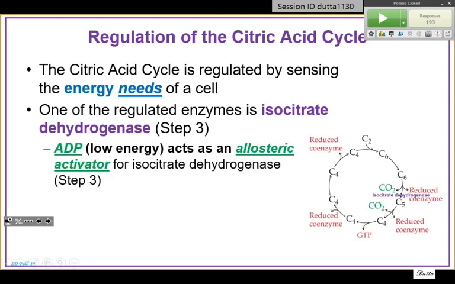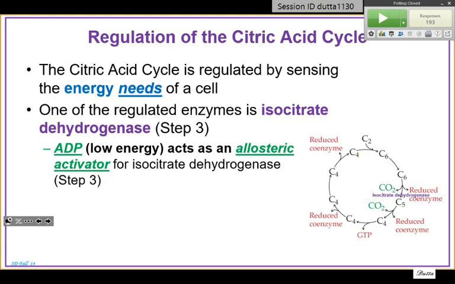How is it turned on? Remember, ATP is the final energy molecule. When ATP is used, then you have more ADP. More ADP means low energy. So when energy is low, ADP is going to bind to the enzyme allosterically to activate it. Then the citric acid cycle will turn on to have more ATP production, but again, ATP production is in the last stage.